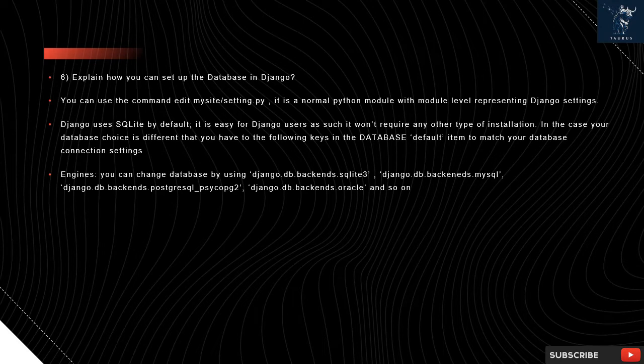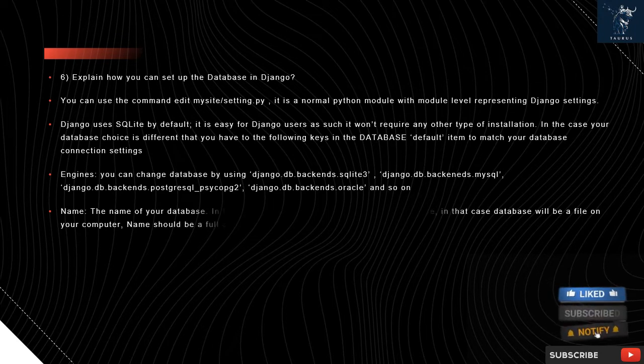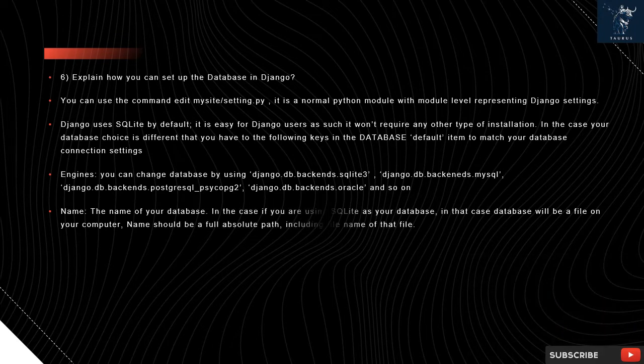In case your database choice is different, you have to change the following keys in the database default item to match your database connection settings. Engines: you can change the database by using django.db.backends.sqlite3, django.db.backends.mysql, django.db.backends.postgresql_psycopg2, django.db.backends.oracle, and so on.